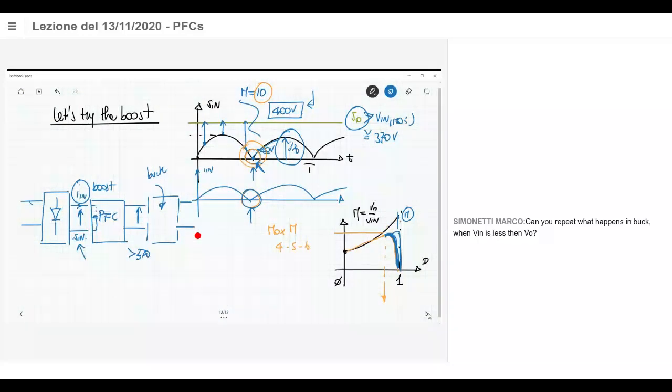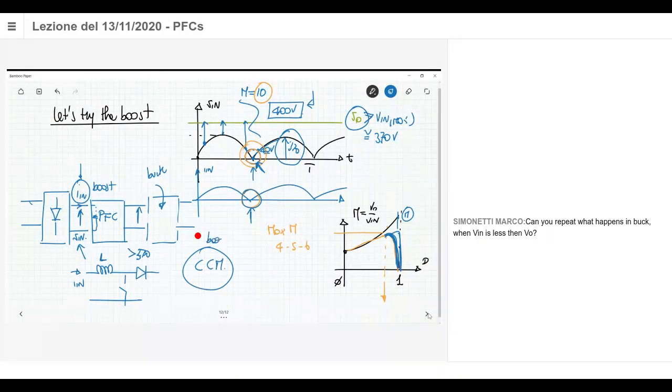The input current flows in the inductance of the boost, which means that the boost is operated in CCM.